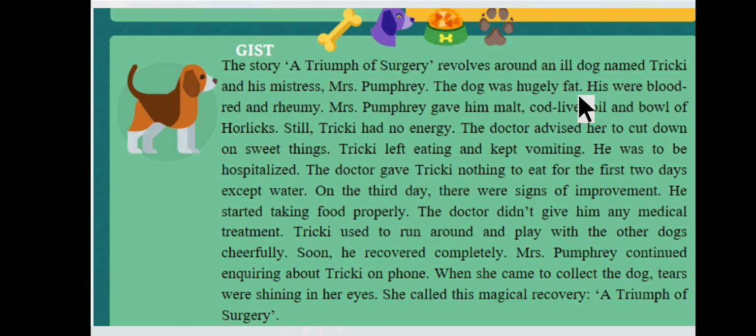The dog looked so fat because it was overfed by his mistress, Mrs. Pumphrey. His blood was red and roomy. Mrs. Pumphrey gave him a malt, cod liver oil, and a bowl of Horlicks. Still, Tricky had no energy, meaning she felt that the dog was malnourished.